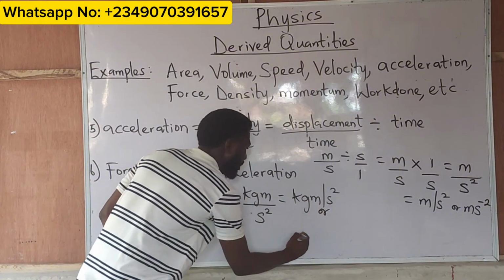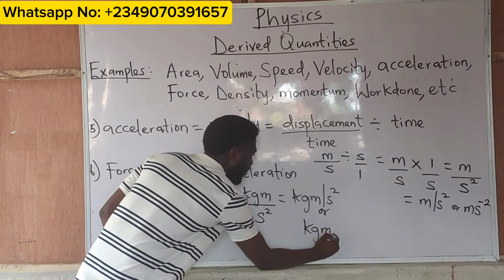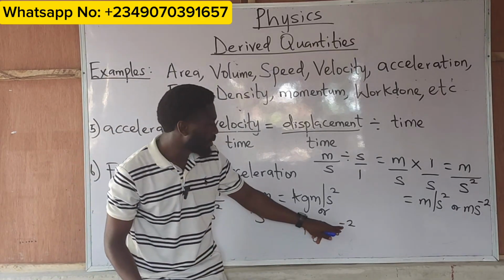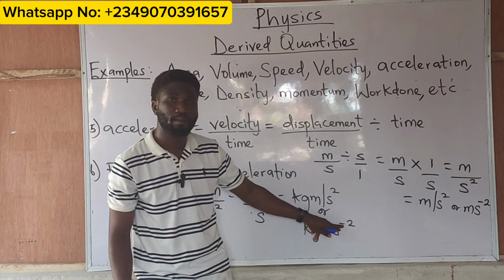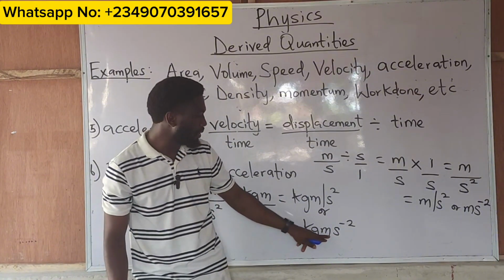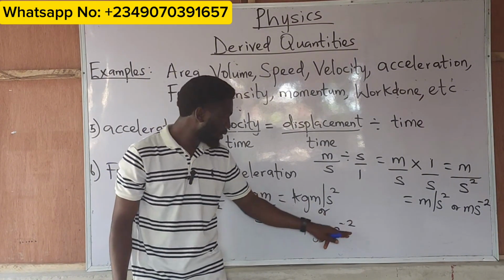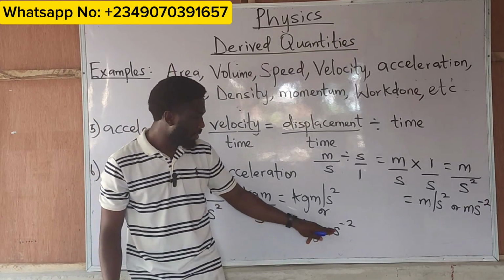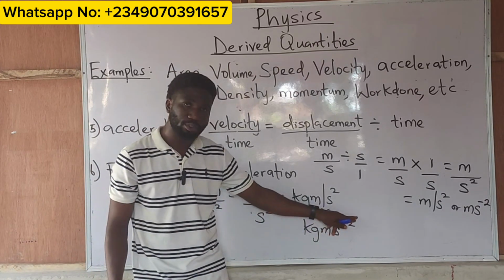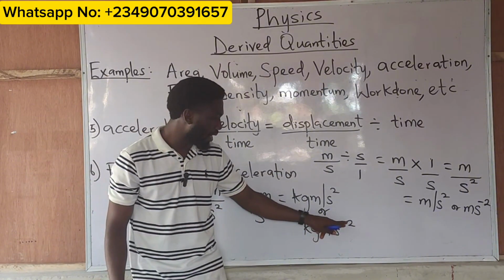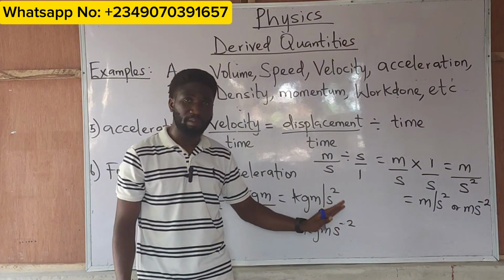Or you can have it this way with the minus exponent. Whenever you have per, that's when you have this minus here. Kilogram meter per second squared. I believe we understand.